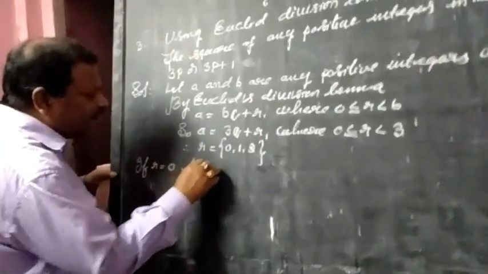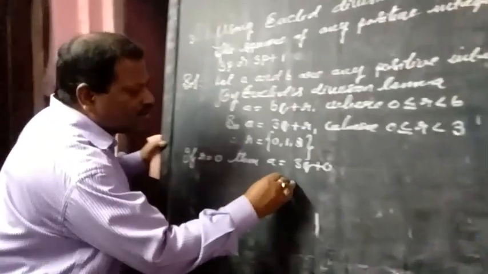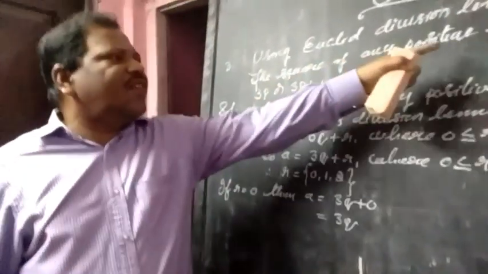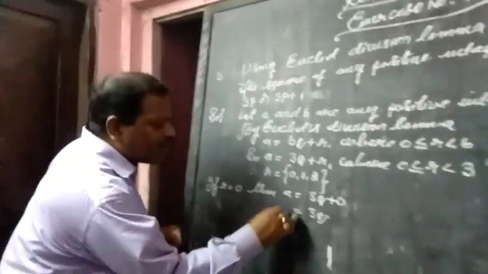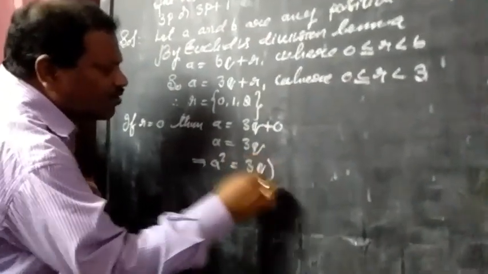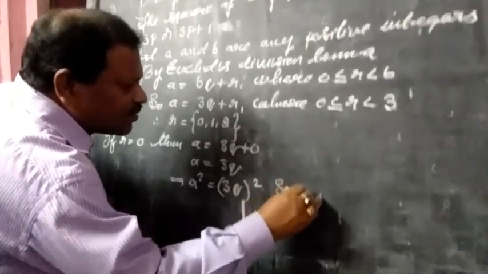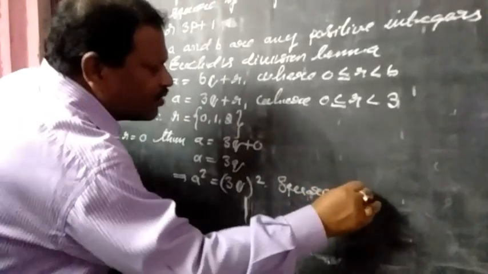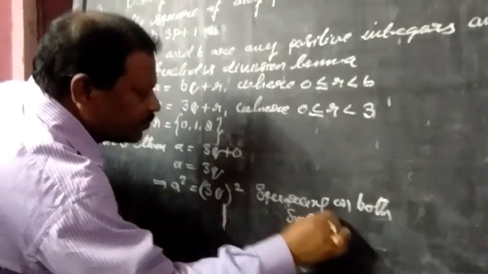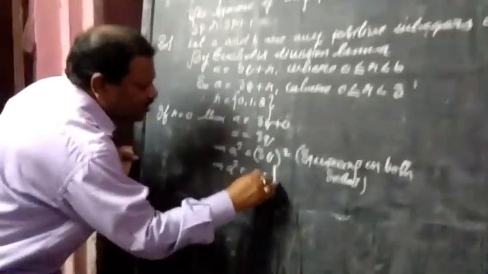Therefore, if R equals 0, then A equals 3Q plus 0, equal to 3Q. Now taking squares on both sides, A square is equal to 3Q whole square, which is 9Q square.